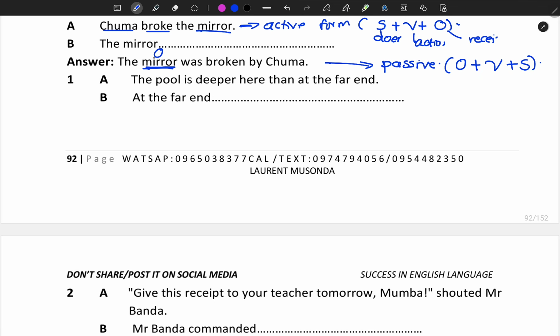Now let's look at the first question. Question 1. The pool is deeper here than at the far end. So at the far end, comma, the pool is not as deep as here.